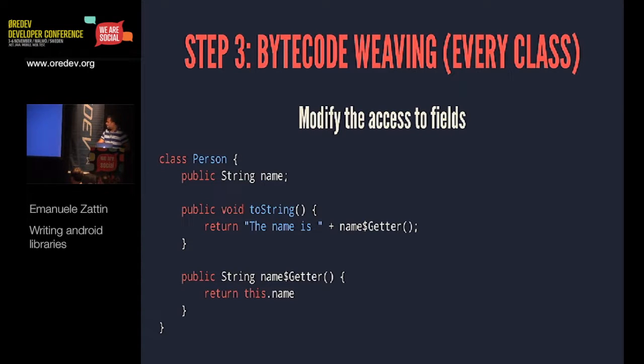That means that now, if a user calls toString, it will actually call name.$getter, which will actually be intercepted by the proxy, and that will do all the data access that you want to do. So you're home.